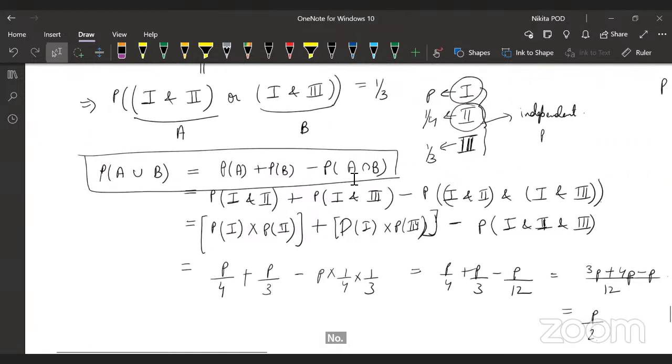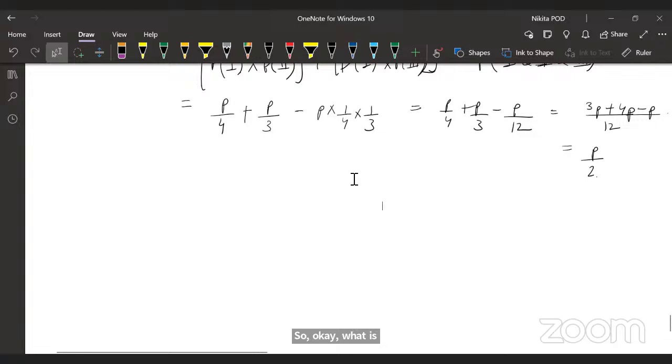So, okay, what he is trying to say is we have to find the probability that a student passes the test. Correct.